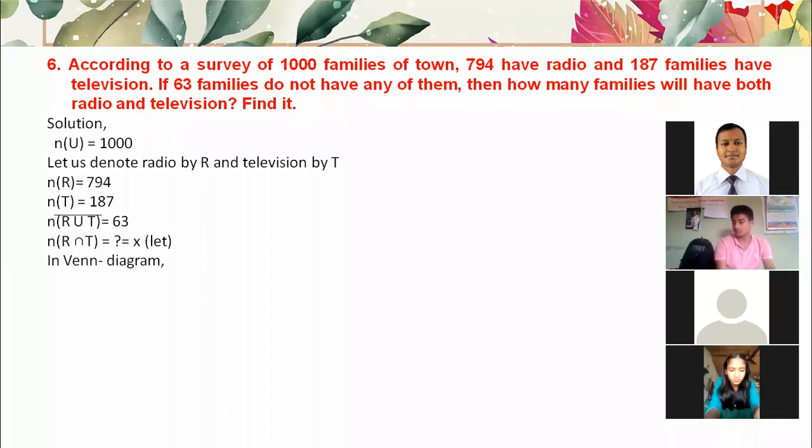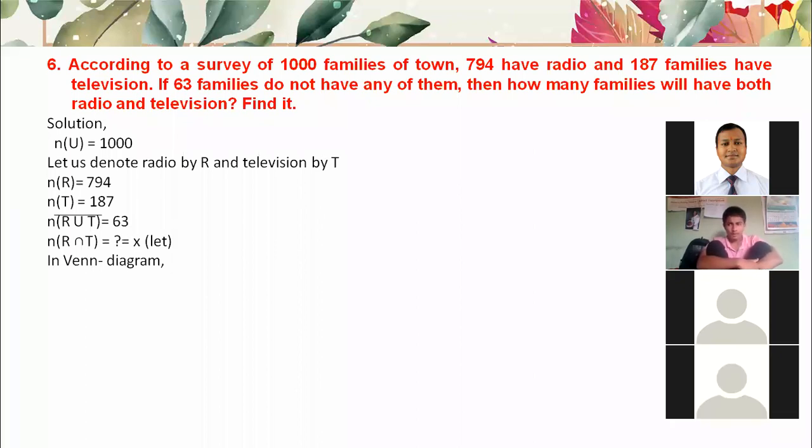Now there are two methods to solve this type of question. In one method, we can solve it by using a Venn diagram, and in the other we can solve it using a formula. The formula method is not always usable. If the question asks to solve using a Venn diagram, then we have to use only the Venn diagram; we can't use the formula in that case.